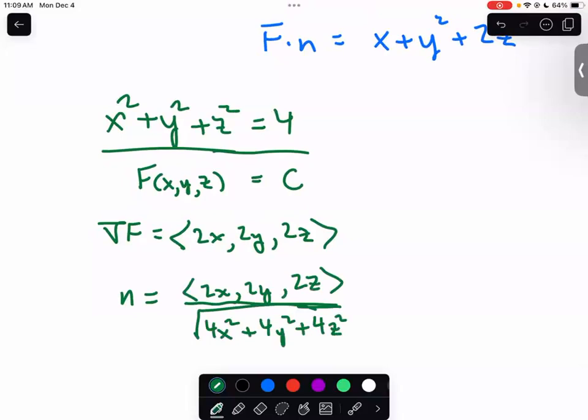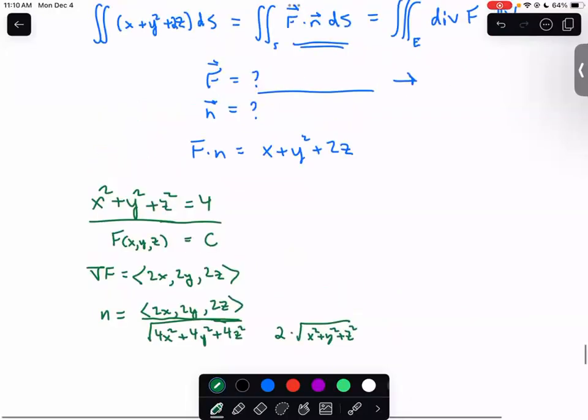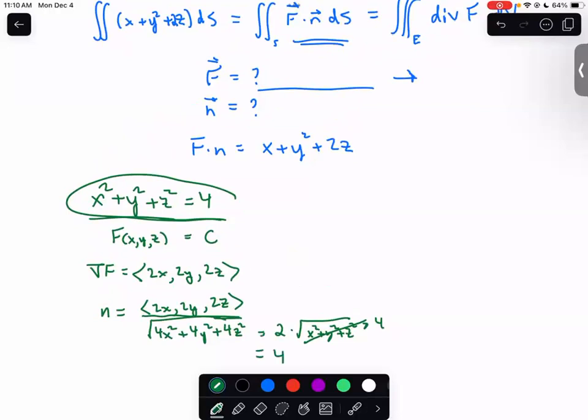So the square root of 4 is just 2 times the square root of x squared plus y squared plus z squared. The important thing is that we're not just anywhere in space here. We are on the surface. And on the surface of the sphere, we know that x squared plus y squared plus z squared is actually equal to 4. So x squared plus y squared plus z squared here is actually the same thing as 4. And so this is going to be, well, the square root of 4 is just 2. So we're going to have 2 times 2, which is equal to 4.